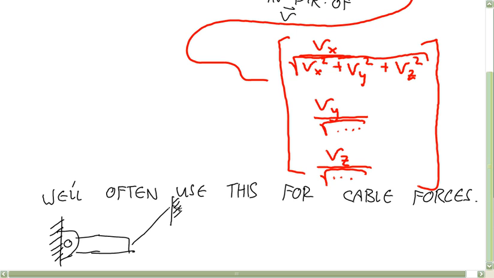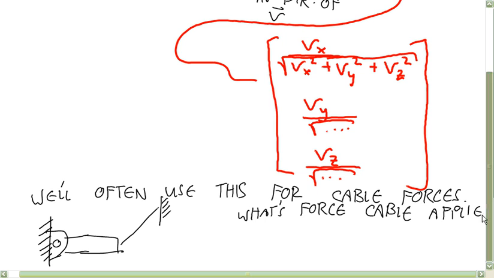And you want to know what the force is in this cable. What's the force the cable applies to the object?